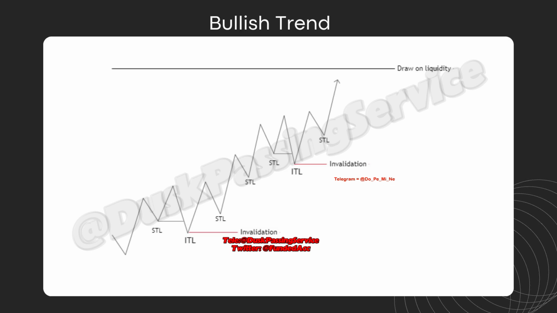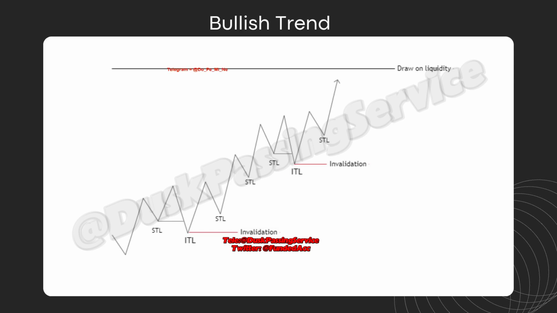And right here you can see that this protected low formed after the rejection below this low in this bullish trend, right? And now we've got two short-term lows to its opposite sides, and that is why we consider this particular low as an intermediate term low. And this is the exact low, right, that could be used for two main purposes.